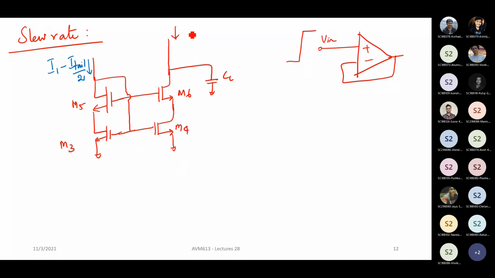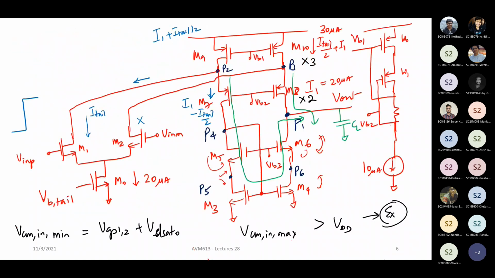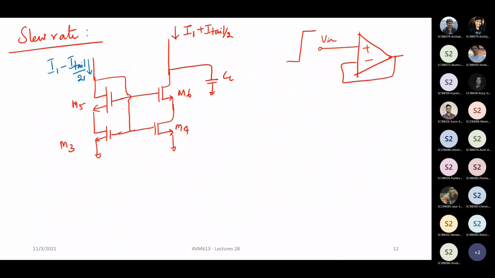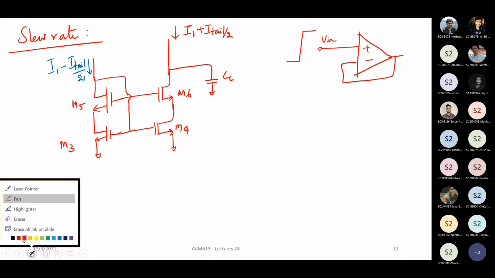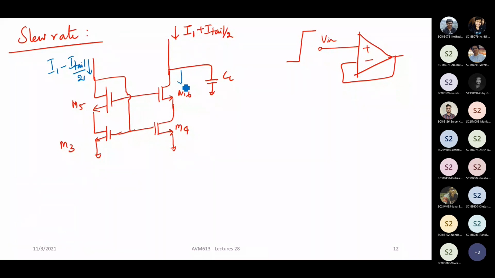And here you're getting the full I1 plus I tail by 2, because the other side is taking the entire I tail. Here that other I tail by 2 is now excess current. This M2 transistor is not taking it, so that has to flow through M8 as well, right? So you are getting I tail by 2 here. This current basically becomes I1 minus I tail by 2.